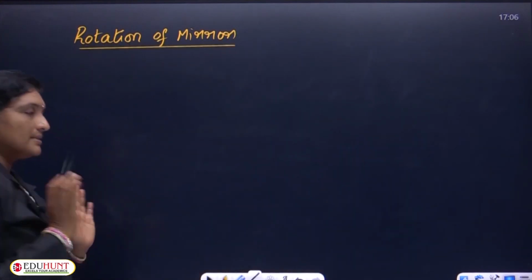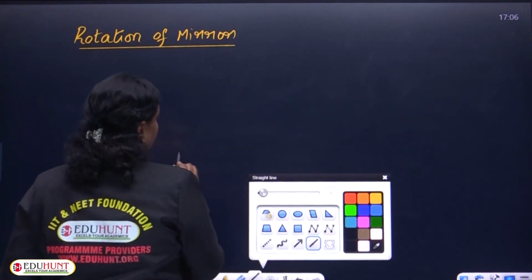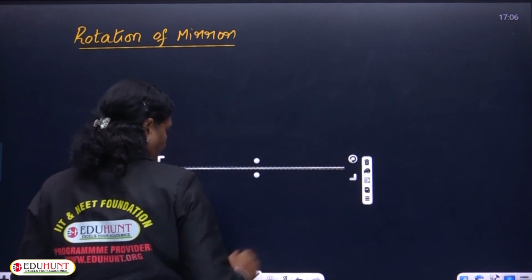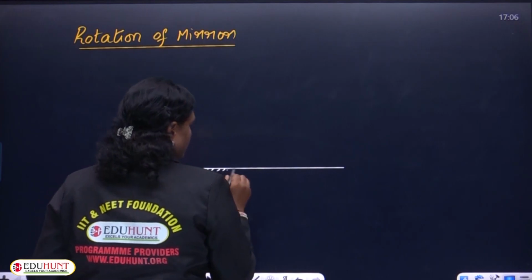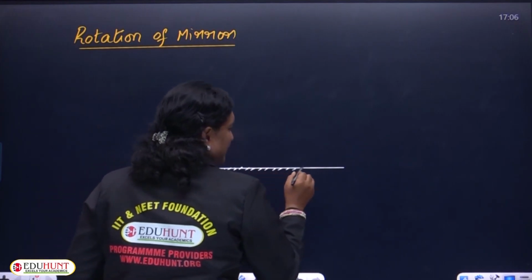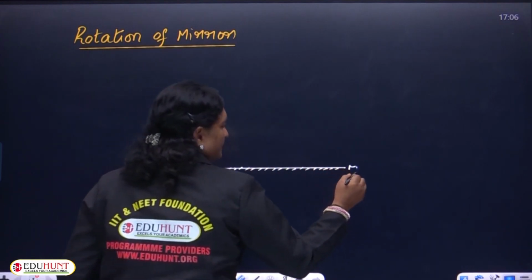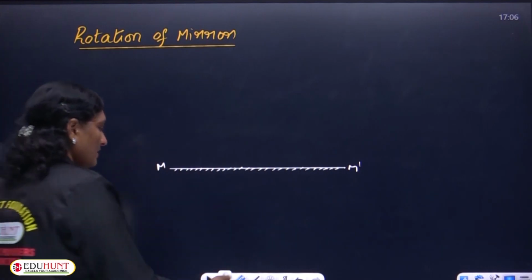For this, let us consider a mirror as shown in the figure. Let this be a mirror. Let us name this mirror M dash.